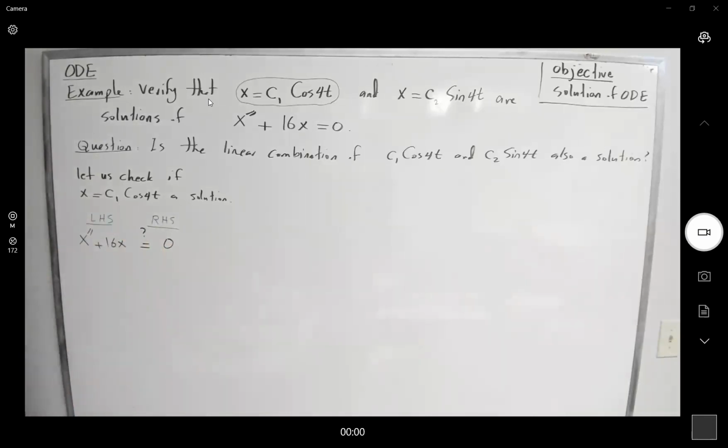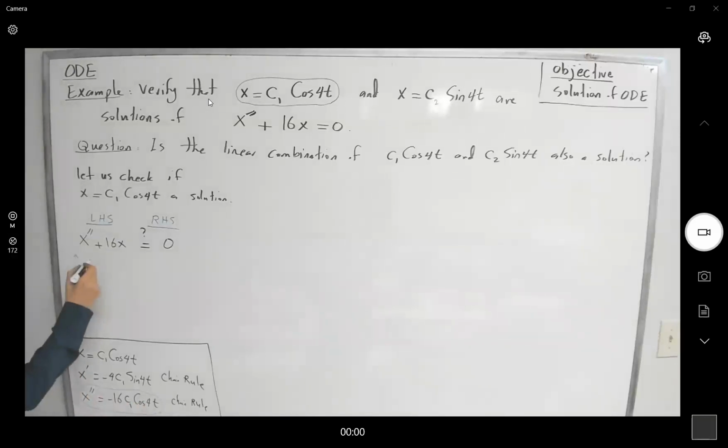So let us find the derivative. Recall that if x is equal to c1 cosine 4t, the first derivative is equal to negative 4 c1 sine of 4t using the chain rule. Applying the chain rule again, you get the second derivative as negative 16 c1 cosine 4t. So the second derivative of x is given here. Substitute that. What do we get?